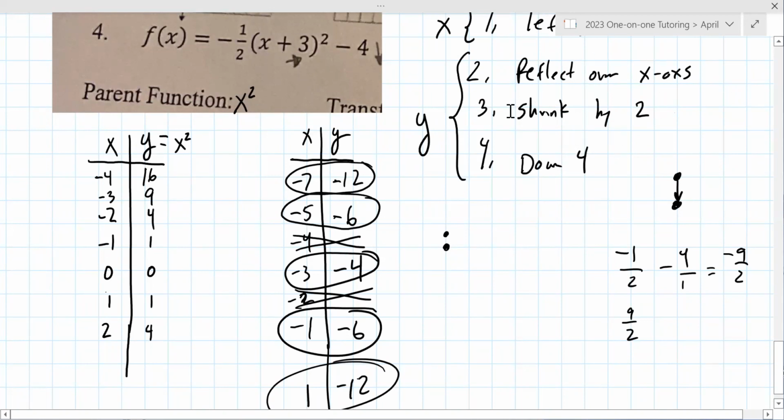This -1/2 on the outside, while it doesn't seem to impact the x, actually does impact the x. We say vertical stretch, but it really says pick numbers that are multiples of 2. So -2 is a multiple of 2, -4 is a multiple of 2, 0 and 2 are multiples of 2.